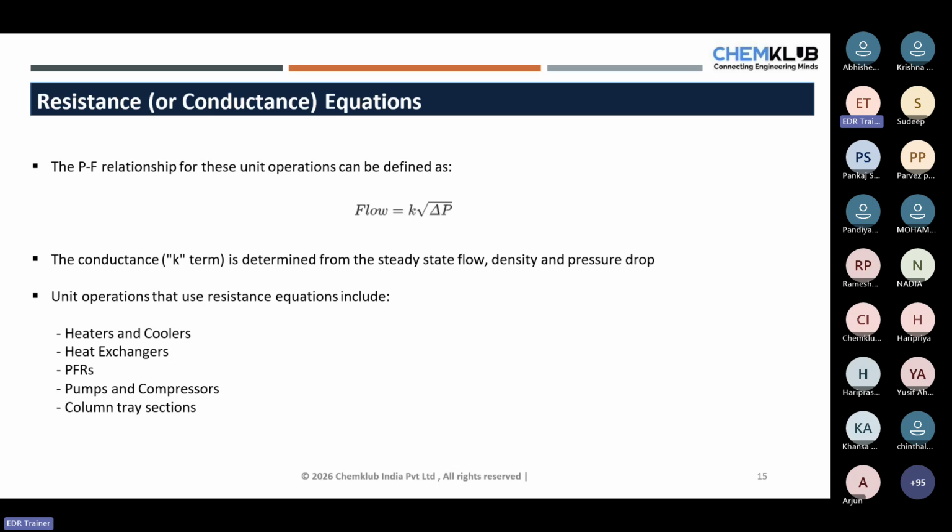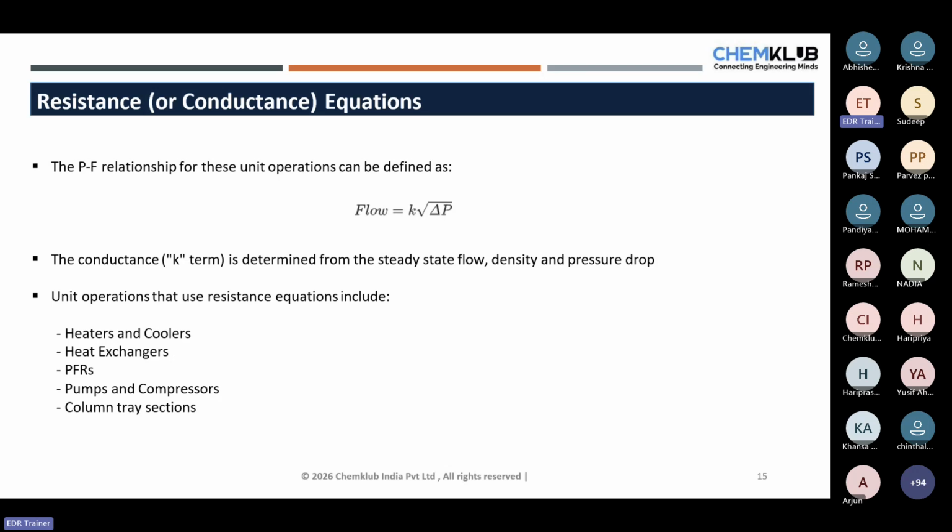Wherever the equipment is, it obviously has a certain effect on the pressure drop. The pressure drop can occur through an inlet nozzle, an outlet nozzle, or internals. If you have a tray, the tray may give some resistance to the flow for the mass transfer.